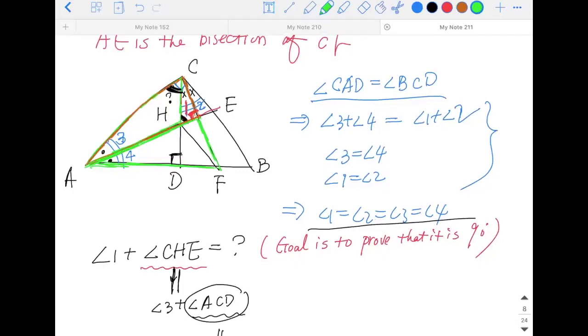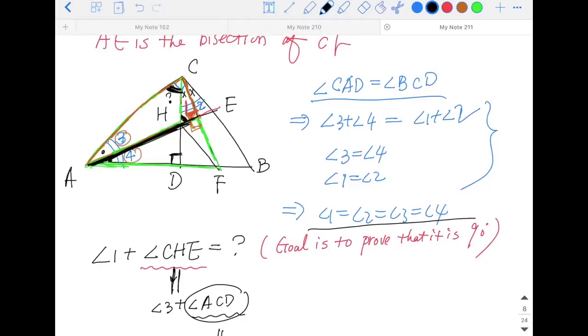These two triangles, first of all, I have angle 3 equals to angle 4, right? Second, I just proved this is a right triangle, so the two angles are both 90 degrees. And also they share a common side in between. So these two triangles should be congruent to each other.